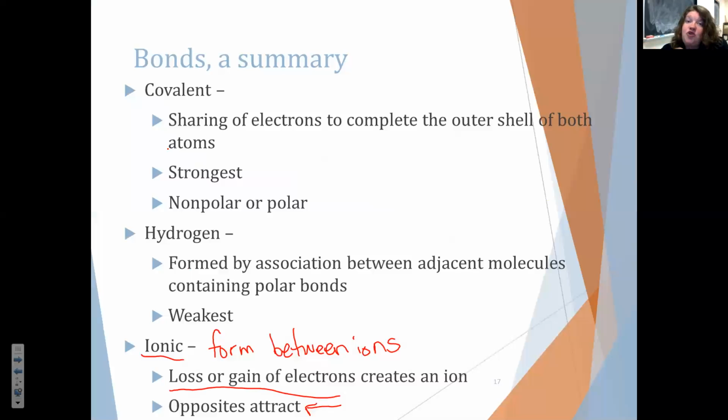If we can't form an ion, our next option is to share electrons to complete the outer electron shell of both atoms. Since they're sharing electrons, this is the strongest of our bonds. We can have nonpolar covalent bonds. Those are just regular covalent bonds. That's just equal sharing of electrons.